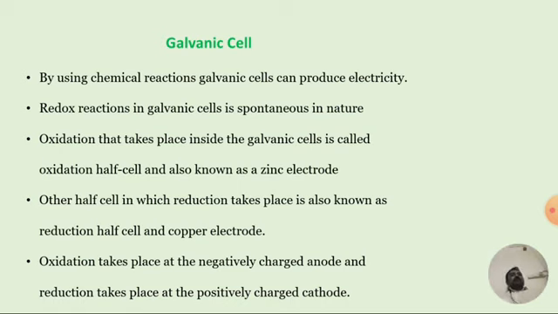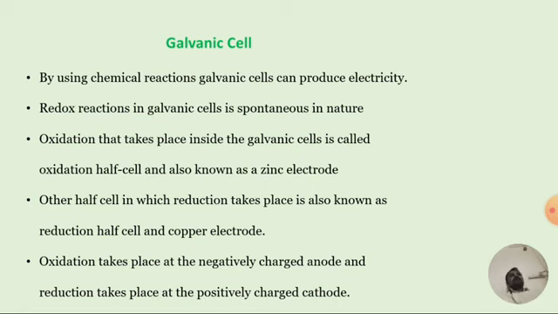By using a redox reaction, galvanic cells can produce electricity. Maximum all electrochemical cells are used for power production. The redox reaction in a galvanic cell is spontaneous in nature. Spontaneous means the reaction proceeds without external force. If it is non-spontaneous, there will be a need for activation energy.